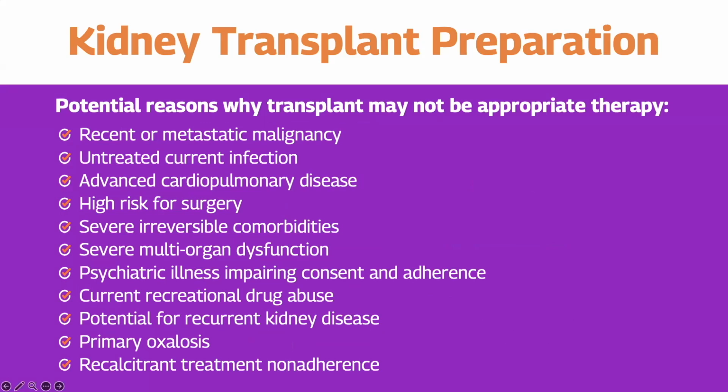So basically recent or metastatic malignancy, untreated or current infection, advanced cardiopulmonary disease, high risk for surgery, severe irreversible comorbidities, severe multi-organ dysfunction, psychiatric illness, which is going to be impairing consent and adherence, current recreational drug abuse, potential for recurrent kidney disease, primary oxalosis, and also recalcitrant treatment.